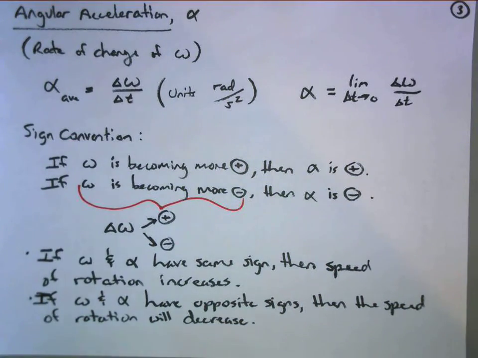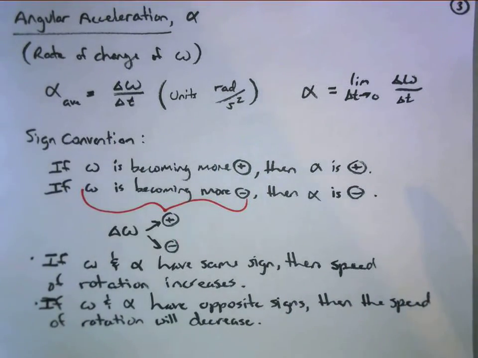All right. So now, what you probably are thinking in your head, and you should be, is that there's a whole lot going on here with angular motion that seems very, very similar to all the linear stuff we learned earlier. And you'd be very correct in saying that. In fact, I need you thinking like that.